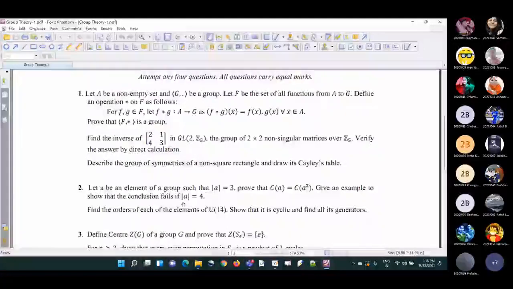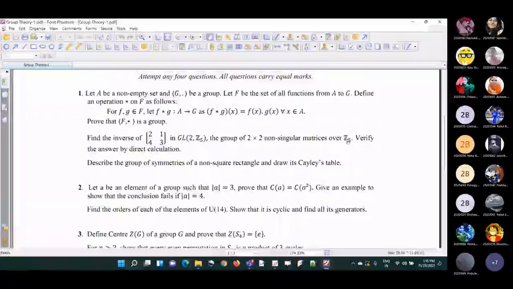Second part which we see is that they have given some matrix, a 2 by 2 matrix from the general linear group of order 2, of 2 by 2 matrices with elements from Z5. And of course they are in GL. If they belong to GL, then of course they are non-singular matrices. Under matrix multiplication, when there are elements appearing from this Z5, we need to use the operation of Z5, and then we need to verify by direct calculation.